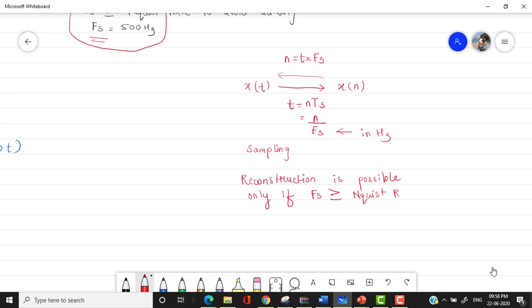And how do we find the Nyquist rate? Nyquist rate is equal to 2 times f max. We have seen how to calculate the maximum frequency, and these are the few points you have to remember about sampling, reconstruction, aliasing and Nyquist rate. So when I say reconstruction is possible, it means there is no aliasing.